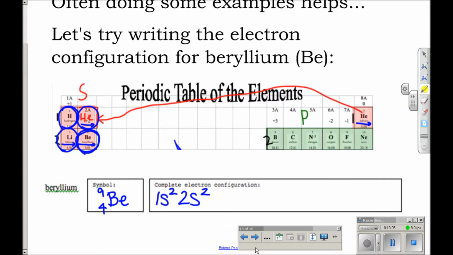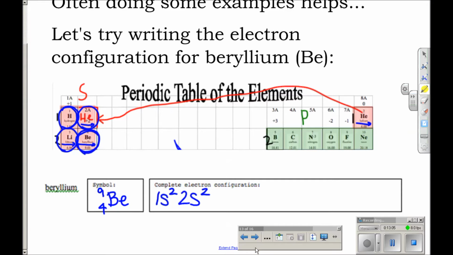And the other 2 electrons that belong to beryllium are in the second orbital, the second shell around beryllium's nucleus, and also in an S or sphere-shaped space. So this is like an address that says exactly where the electrons of beryllium are.